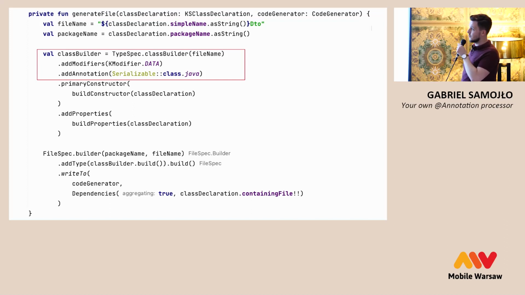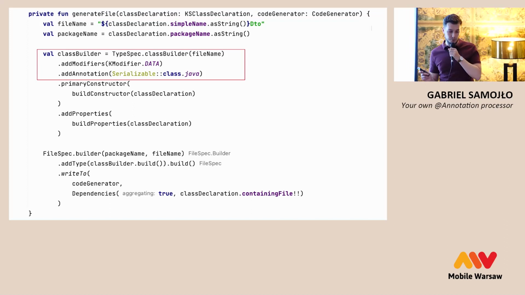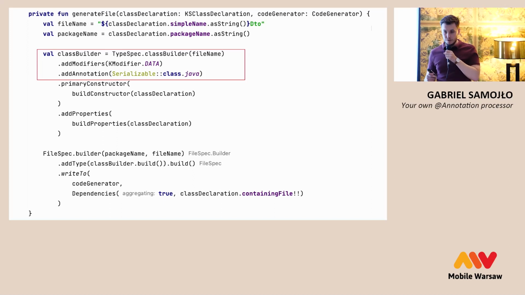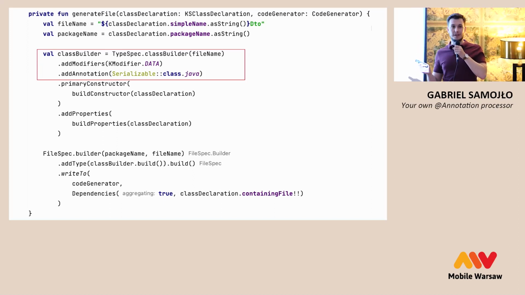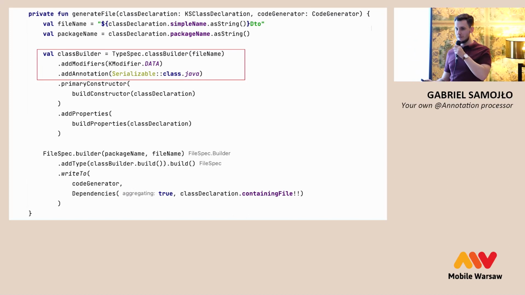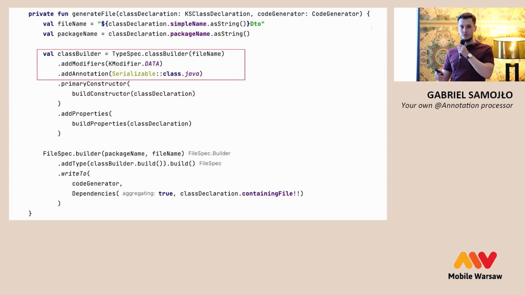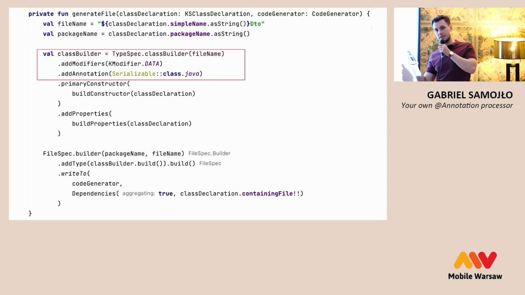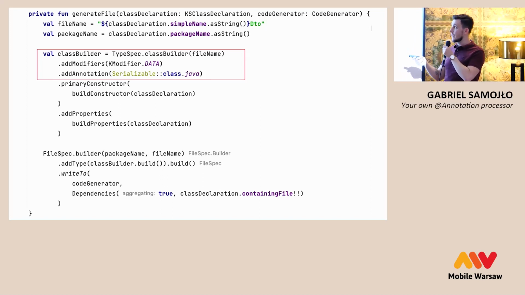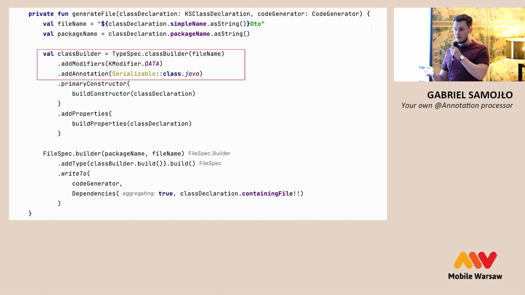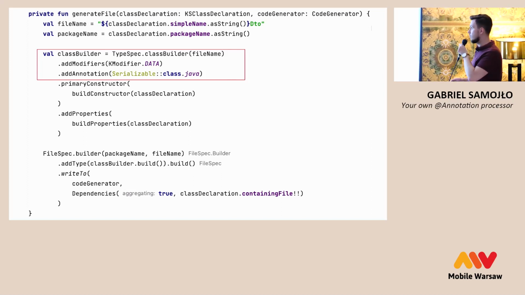Now we are using the builder, and that's where the Kotlin poet comes in. Without that, we would have to use a very long string with some placeholders in it and create all this data class and inject our name there, etc. So it doesn't make sense to do it. It will be hard and unmaintainable.